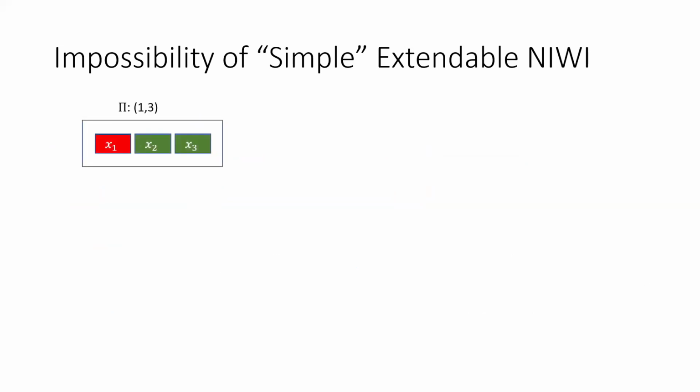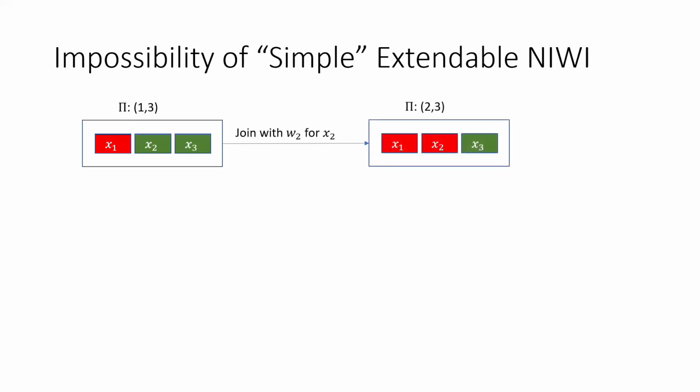However, such a simple notion, as I showed, can't exist. It's very easy to see why. If you, for example, produce a 1 out of 3 proof using the witness for instance 1, that's why I colored it in red here. And then, for example, you run a join operation with a witness for instance 2, you'll get a 2 out of 3 proof.